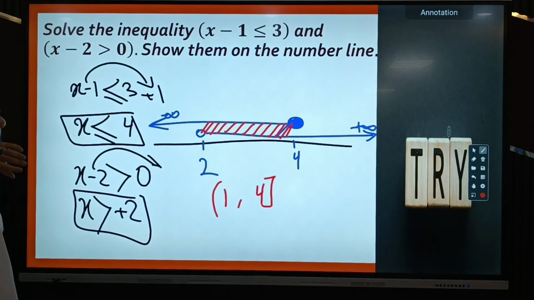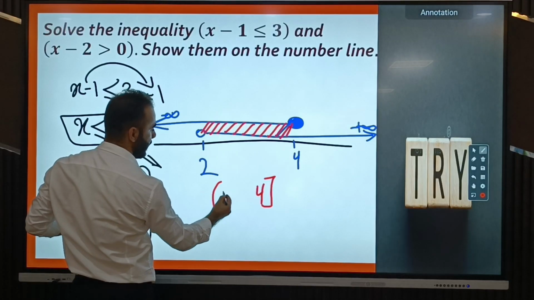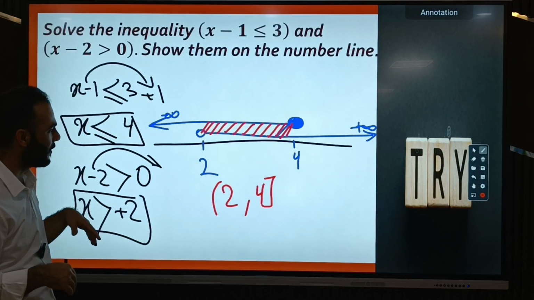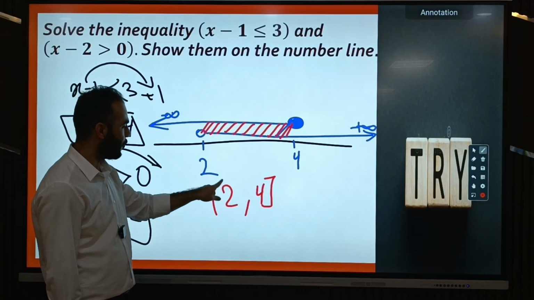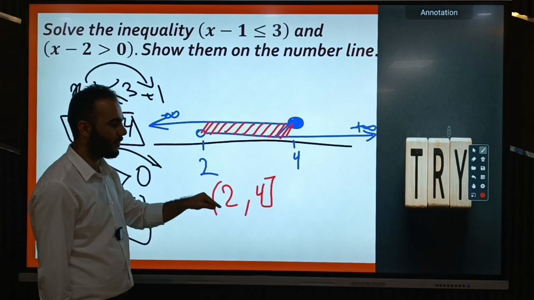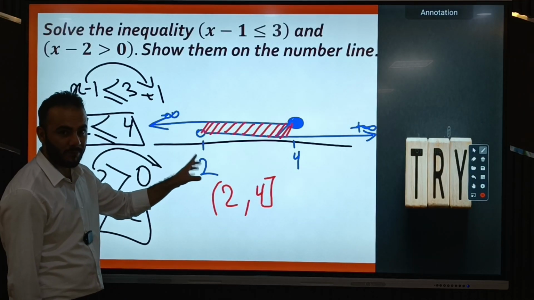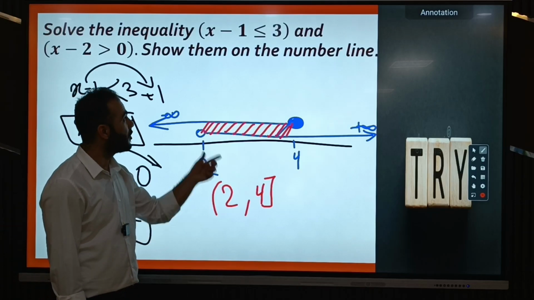Oh, by the way, it's 2. Sorry, I want you to just come back to the solution. Wait a second. It's 2, not 1. Sorry. So 2 is not included. Be careful. Look, x greater than 2. I thought that this is 1. My apology.